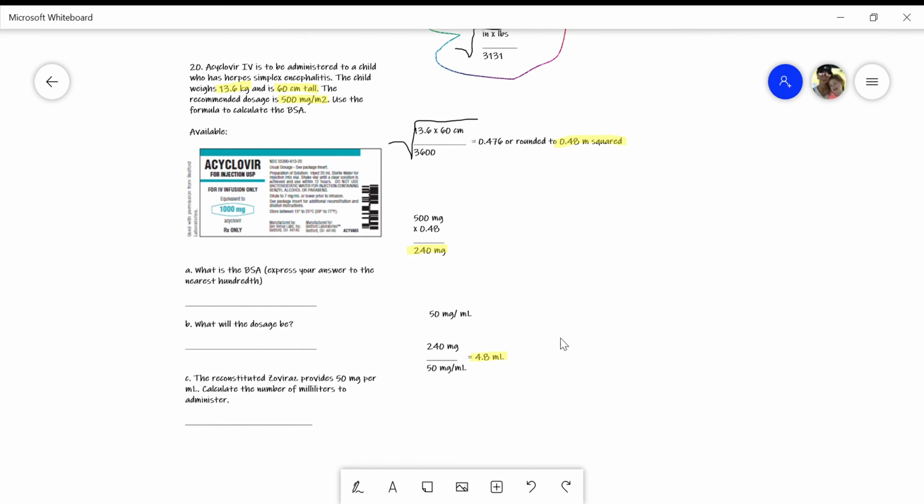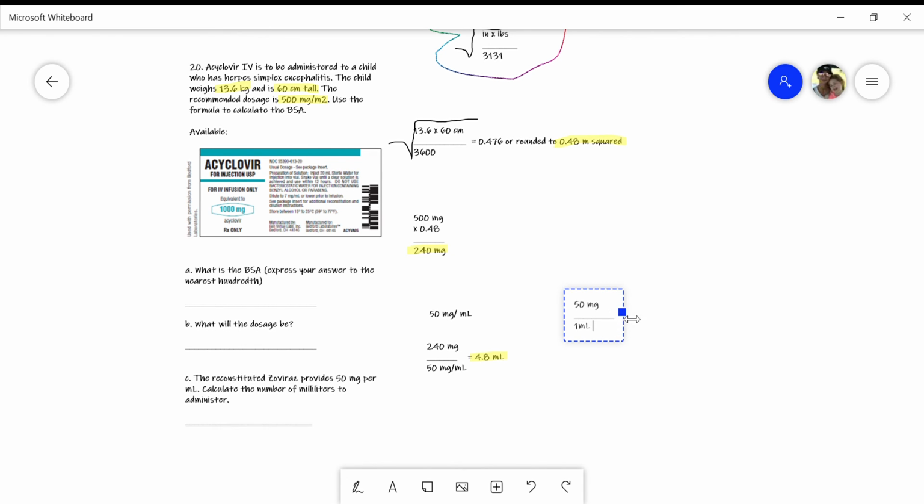And we can do that in the way you were talking about earlier, because that's the one I did. So if we have 50 milligrams, hold on, 240. If we have 50 milligrams in 1 milliliter, we know that.